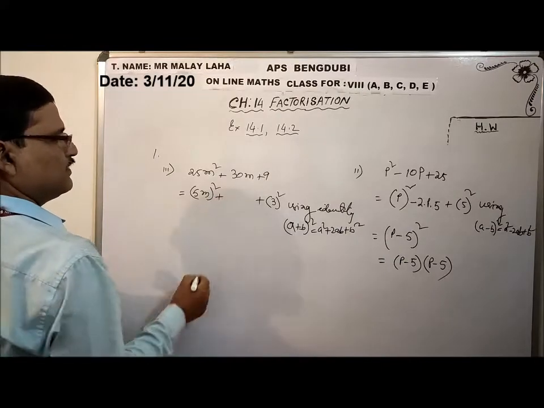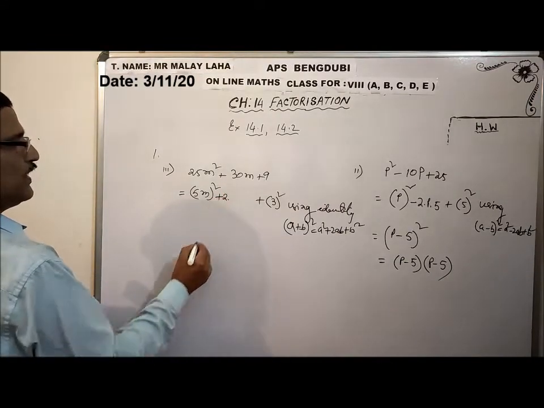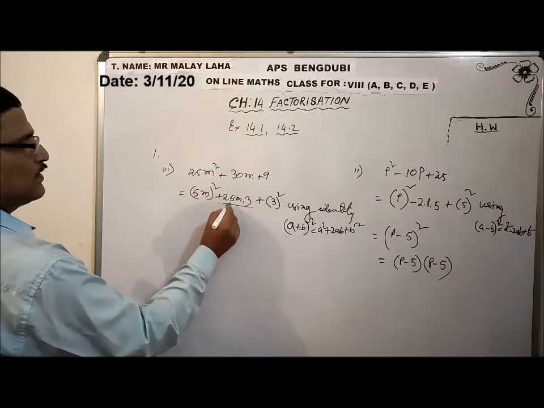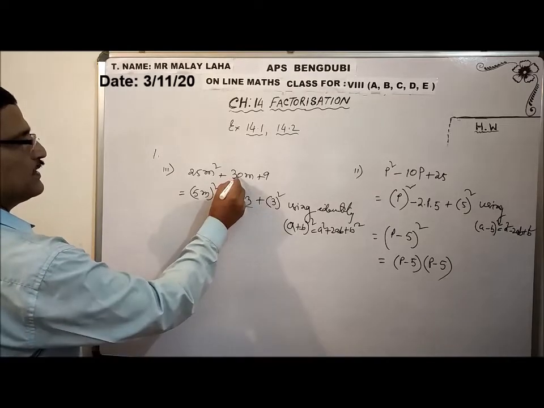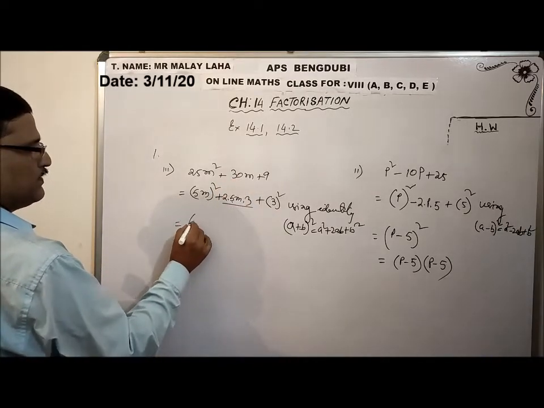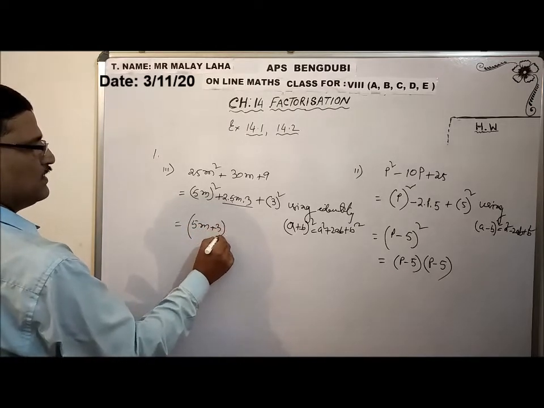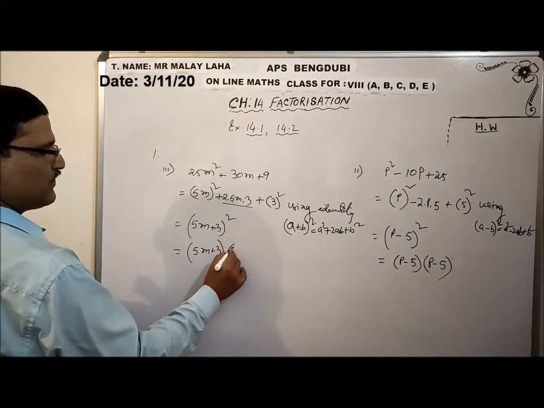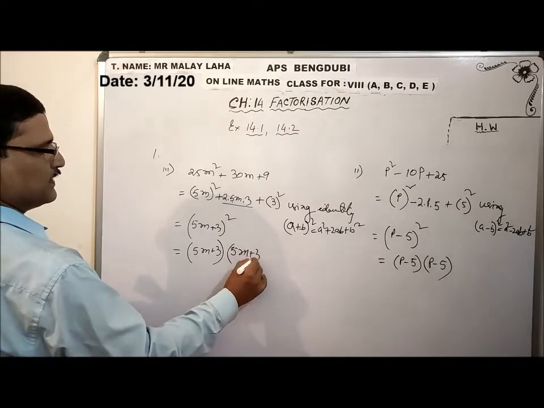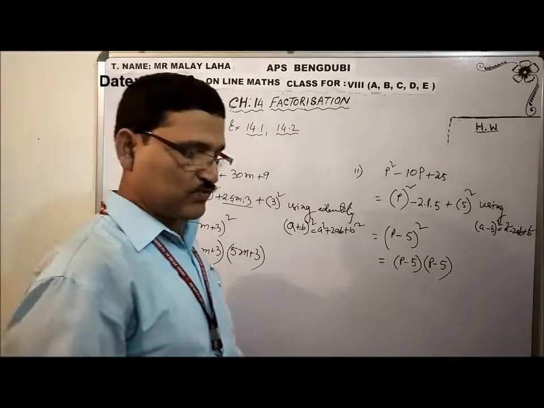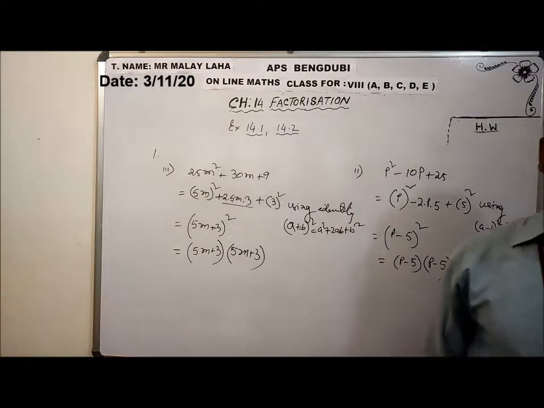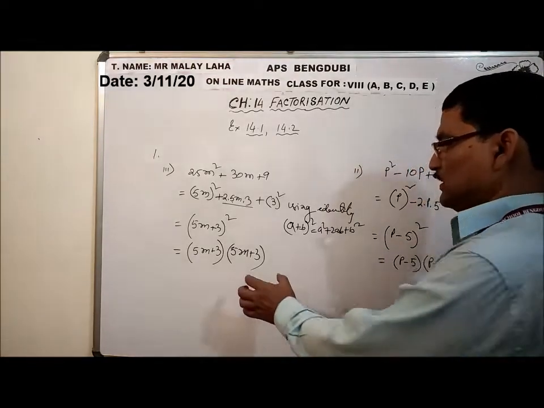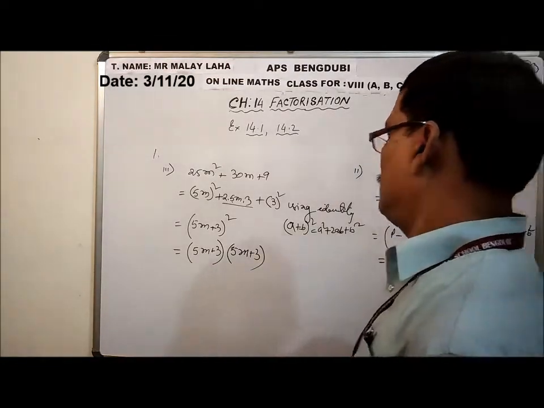So now inside, twice ab: a means 5m, b means 3. Multiply it: 2 5s are 10, 10 3s are 30, 30m. Coming back, that means 5m plus 3 whole square. Whole square means 5m plus 3 into 5m plus 3. Because if I say factorize, we have to show the result in product form, the product of at least 2 factors. This is one factor, this is one factor.